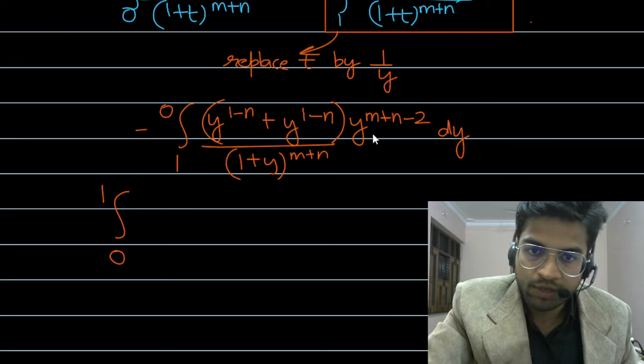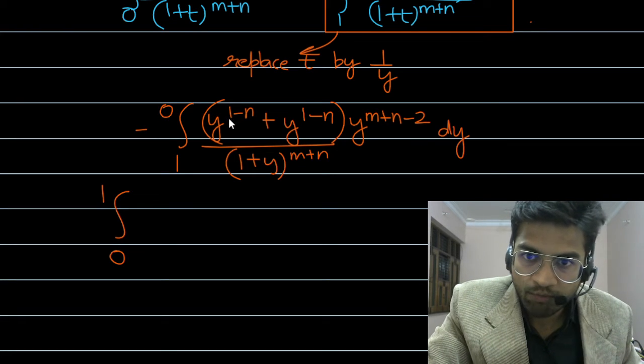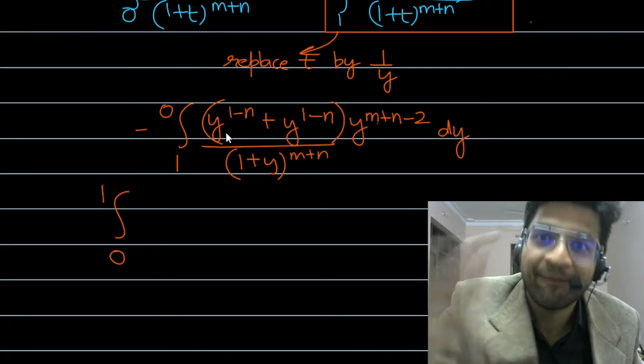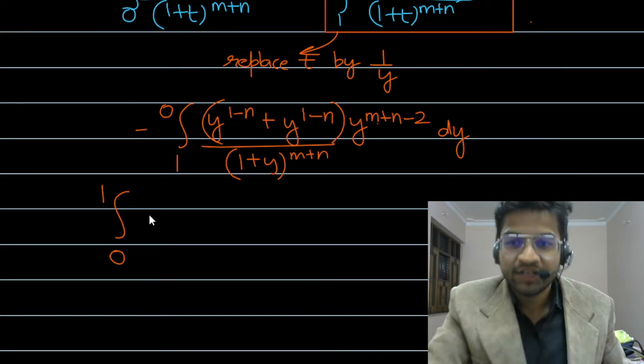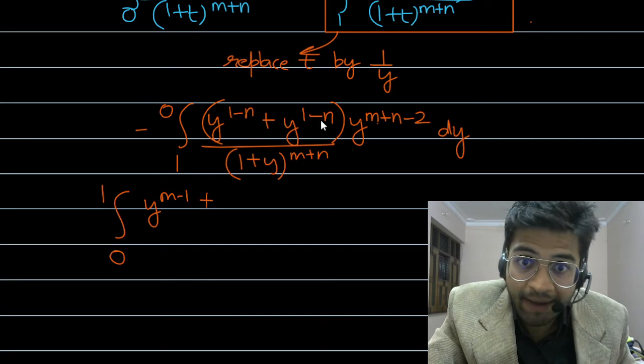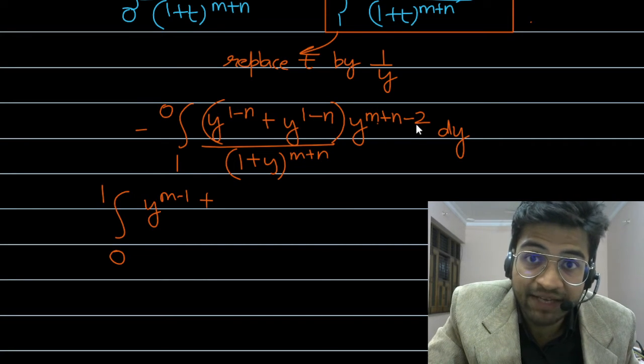Multiply this with both the terms, y to the power m plus n minus 2 multiplied with y to the power 1 minus n. Minus n plus n will be eliminated. m minus 2 plus 1, it will be y to the power m minus 1. So this is y to the power m minus 1 plus y to the power 1 minus m multiplied with y to the power m plus n minus 2.